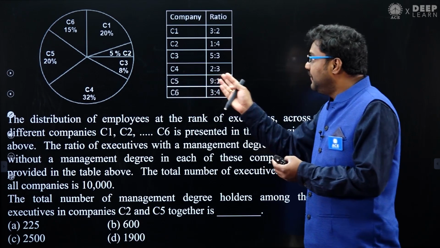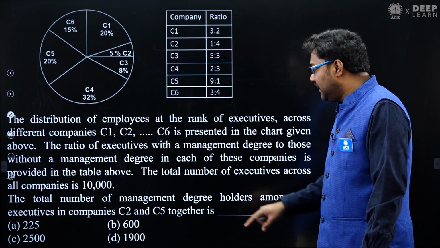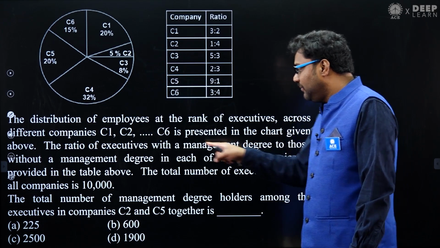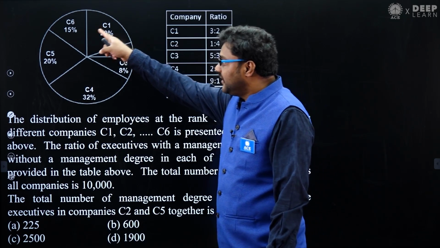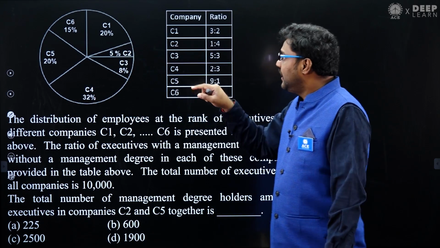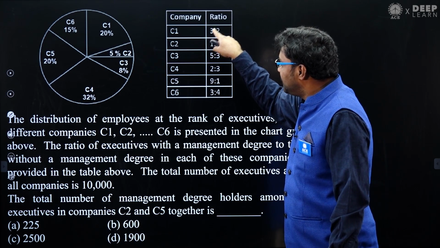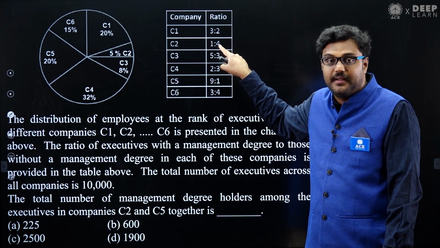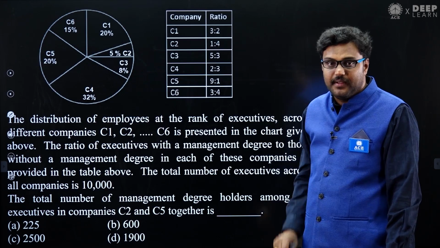And in the table, for each company, the given ratio is executives with a management degree with respect to without a management degree. This is all about how many executives are there in each company, and in company 1, how many executives have a management degree with respect to how many do not.